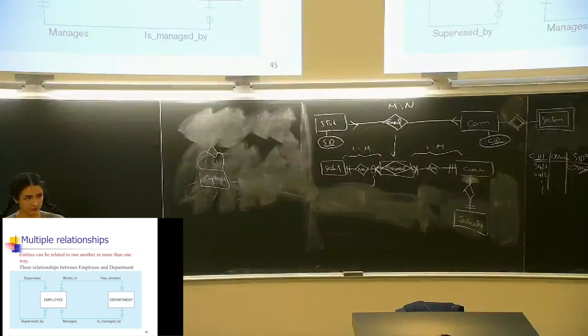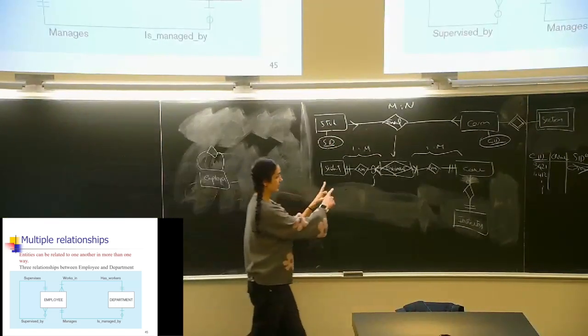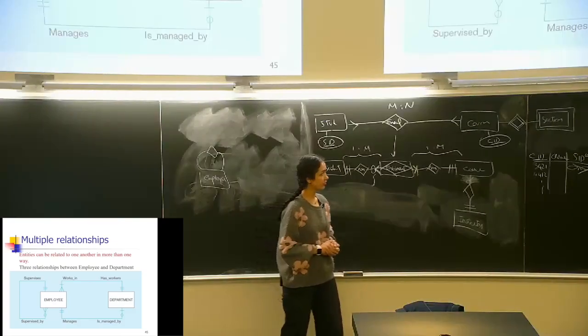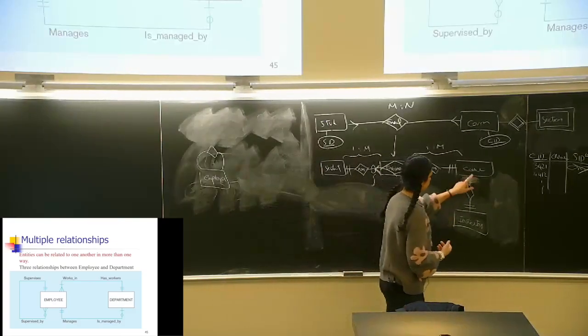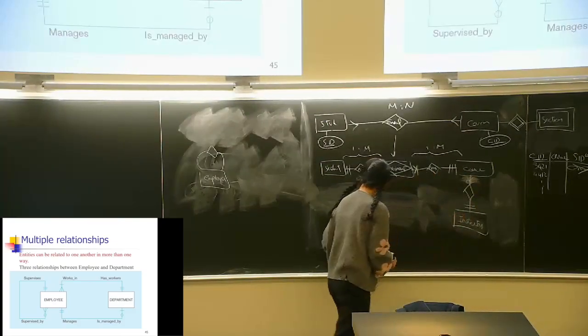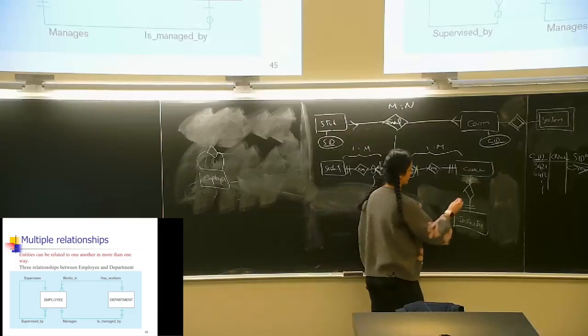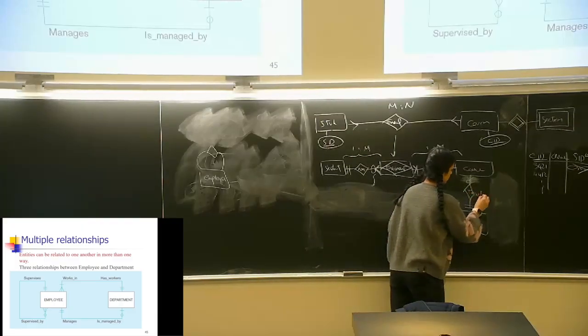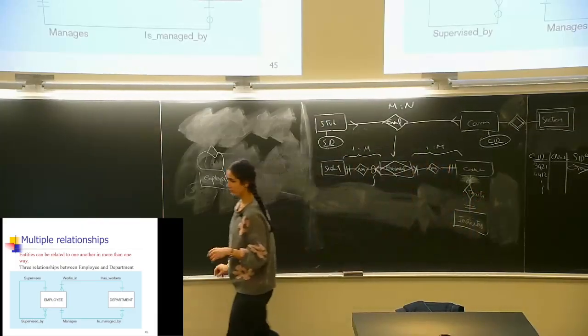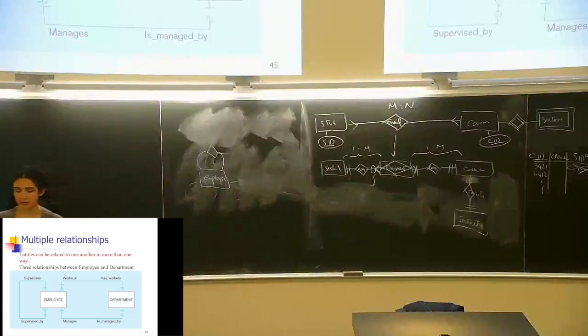Two, right? Sometimes two entities can have more than one relationship. So, for example, here, course and instructor had only one relationship, right? But sometimes, like the example you see here, employee and department have two relationships.